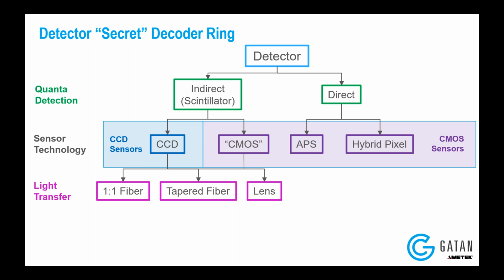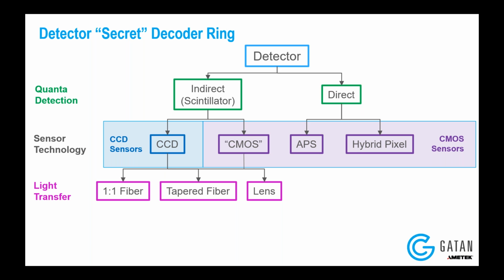Now, the last consideration for describing a detector, especially as is important for today's webinar, is how you're transferring light through the sensor and turning it into a digital signal. This is relevant for scintillator cameras or indirect detection cameras, because these cameras are not directly detecting the electrons. There's a process where the electrons are converted into light for the sensor to detect.